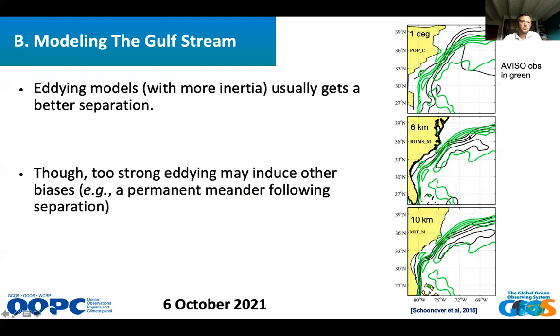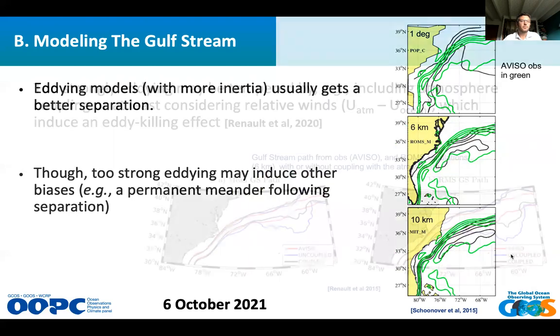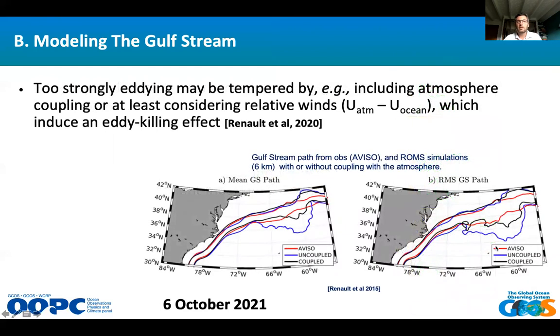However, you can see an interesting fact that in this case, we get a small bias in the form of a permanent meander just after separation here, which is common in models where we have a bit too strong eddy activity. And this can be resolved, for example, by removing energy. So in this case, it was resolved by adding atmospheric coupling or just considering relative winds in an ocean forced model.